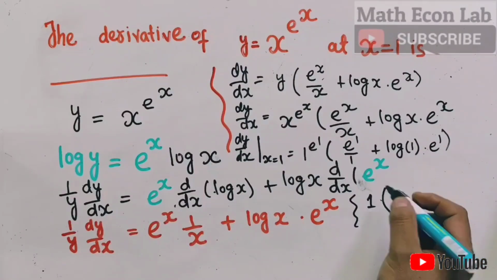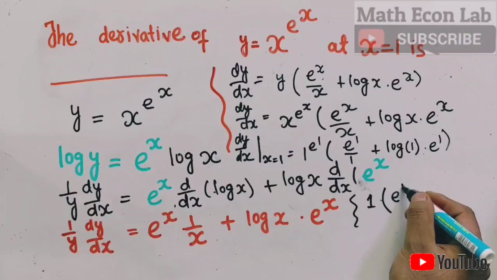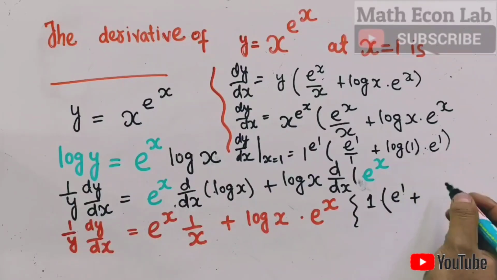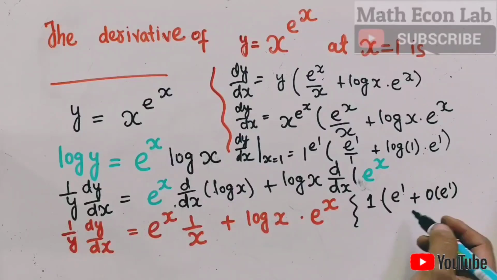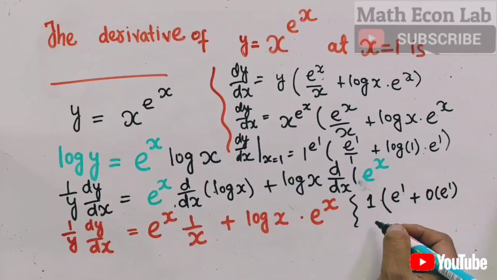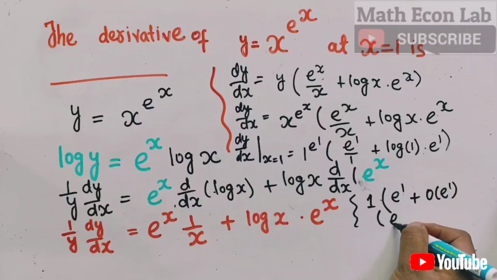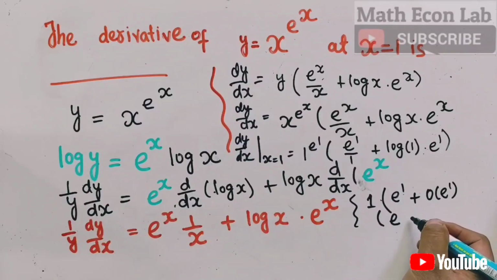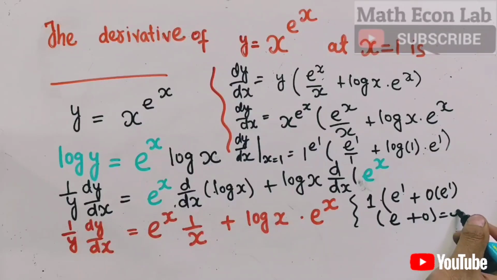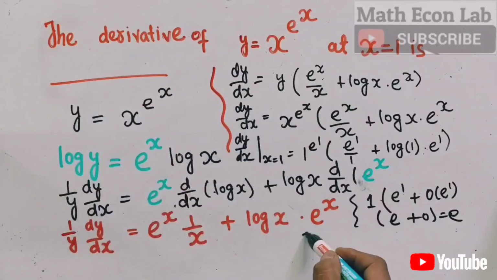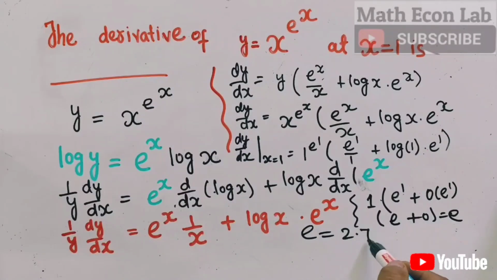Then we have e raised to the power 1 plus log of 1, which is 0, times e raised to the power 1. So 1 into something is something, so we have e plus 0, which is equal to e, and the value of e is, I guess, 2.71.